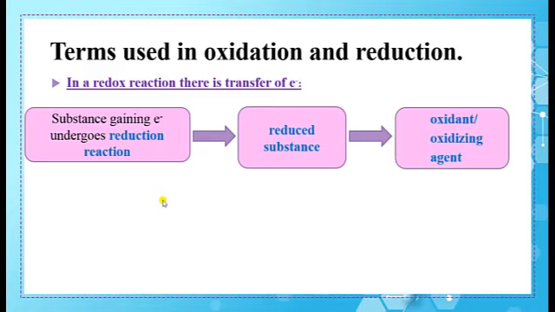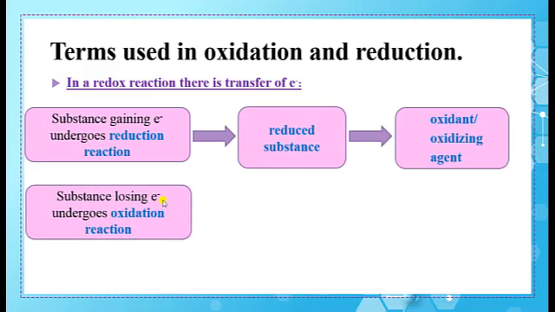The reduced substance is the oxidant or the oxidizing agent. Why? Since it undergoes reduction, and then there is an oxidation half reaction which takes place also. This substance that undergoes reduction causes the oxidation of the other substance. It oxidizes the other substance, so we call it an oxidant or an oxidizing agent.